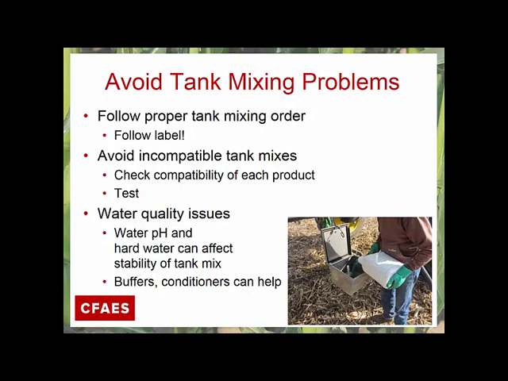Both water pH and hard water, or the presence of hard water cations, can affect the stability of your tank mix. So this is also something where you need to read the labels. Some of the ways that you can get around this is to use a buffering agent or a water conditioner in the case of the hard water ions.